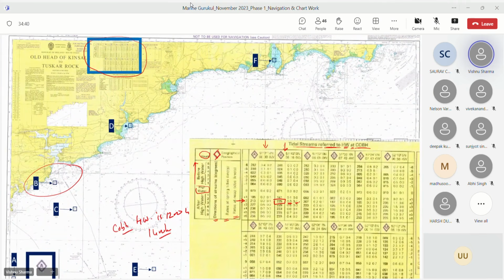Have you understood how we'll pick up the information, Bravo? Any questions? If I want to find out the tidal stream at station B at 1400 hours, if high water at Cobh is at 1200 hours. Is that clear?